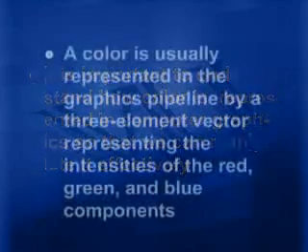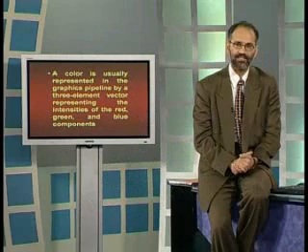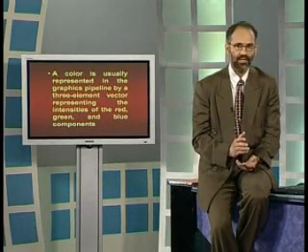A color is usually represented in the graphics pipeline by a 3-element vector representing the intensities of the red, green and blue components. We have talked about this before. Each color is making use of these 3 components, the red, green and blue.